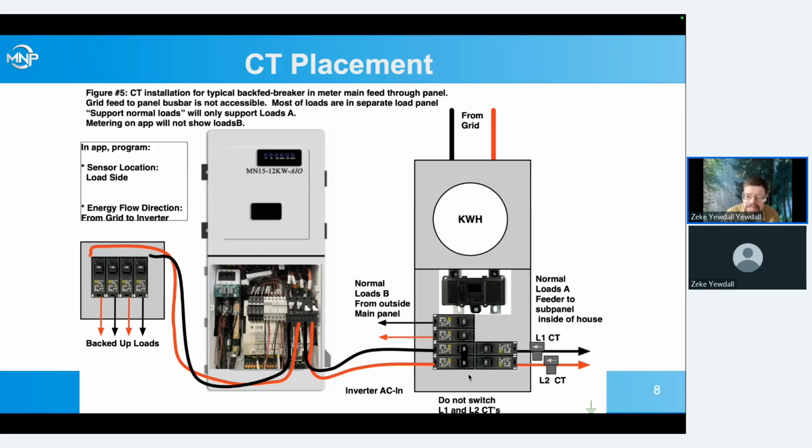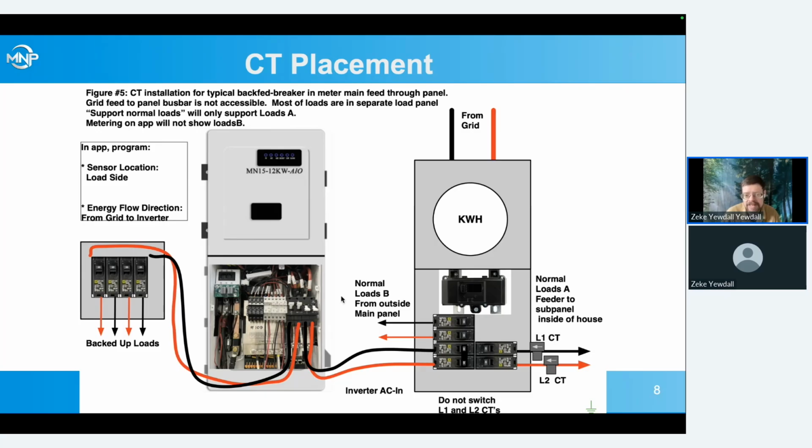So there might be a load on this outdoor panel, but often it's just feed through lugs going to an indoor panel. In that case, we can put our CTs on those wires going to that indoor panel where all the loads are, and we can measure those loads.